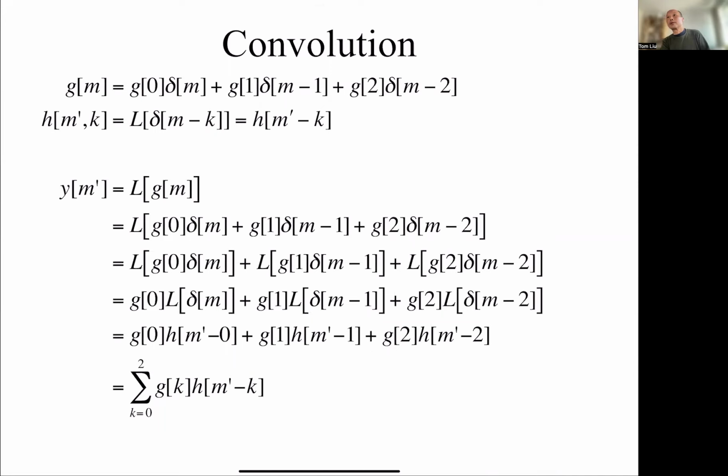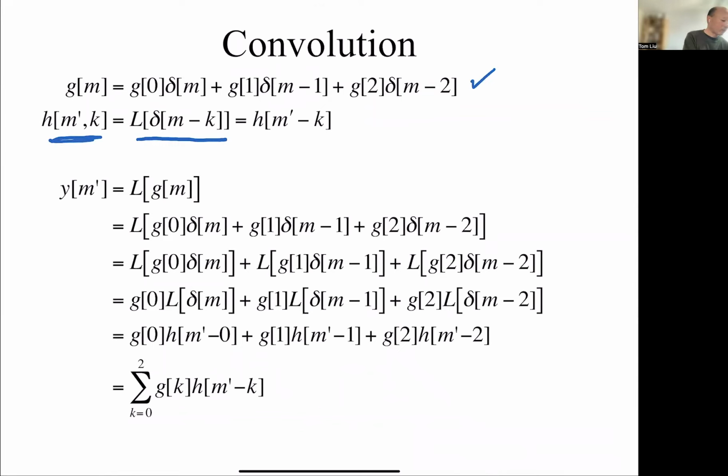Okay. So this is my input. And as you can see, it's basically a weighted sum of Dirac delta functions. Now, the only thing I've changed here from superposition is that previously we had the linear response to a shifted delta function, with this general terminology h of m prime k.